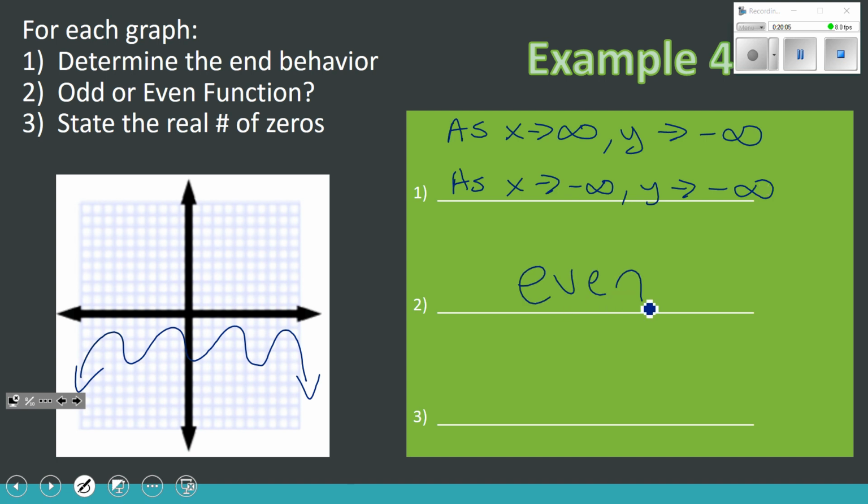Okay, if you were counting 1, 2, 3, 4, 5, 6, 7, 8. How many zeros? None. It does not cross at all. Okay? Well, it's not crossing the x-axis at all. Does that make sense? Okay.